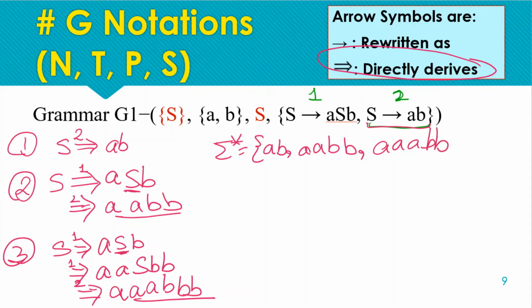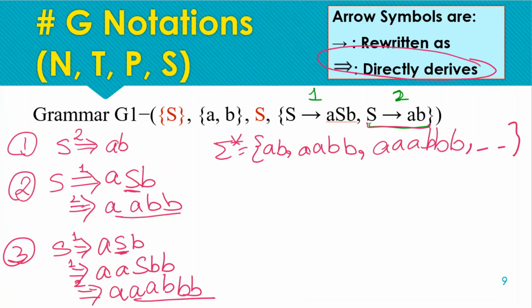If you try further options by applying rule number 1, if you are applying rule number 1 for n times, you will be getting more strings.